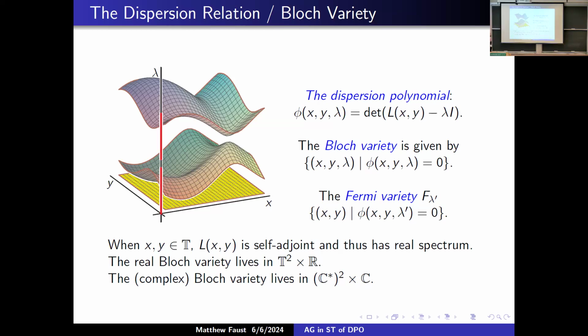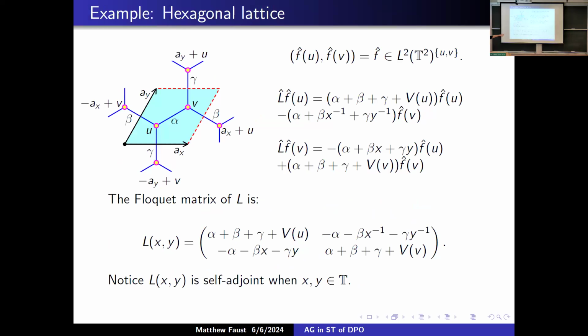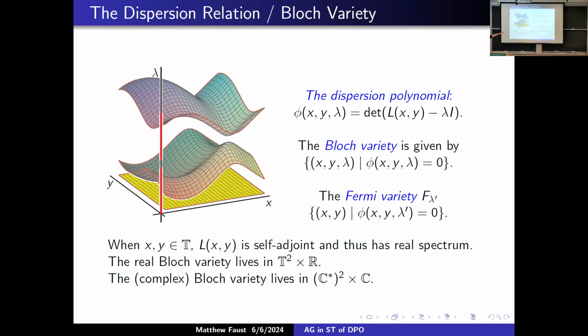Of course, we could also consider the Bloch variety in the larger algebraic torus, C star squared cross C. By C star, I just mean the nonzero complex numbers, cutting 0 out. If we go back to our matrix, this is a matrix with Laurent polynomial entries, so everything's nice. Our dispersion polynomial is nice and well defined, as long as we are in C star.